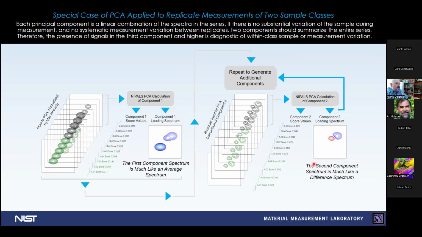If there is no change to the underlying materials, two components should be enough to describe two kinds of samples. But if the measurement drifts or the samples change during measurement, then we will have signals in the higher components. So seeing signals left over in the higher components for a two-sample system is diagnostic of some change during the course of the measurement.